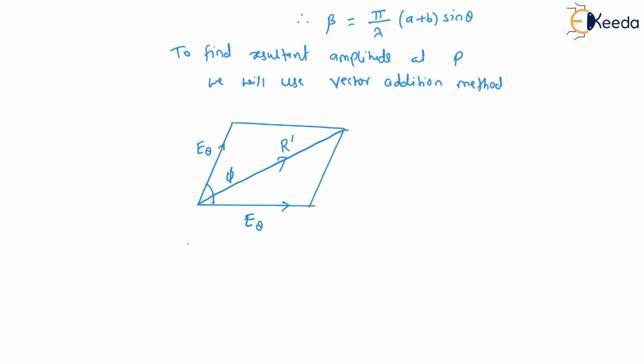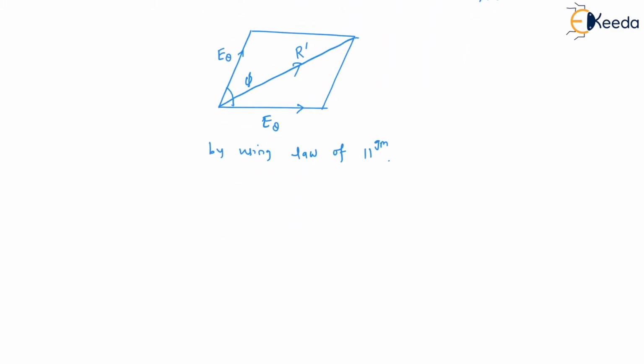So by using the law of parallelogram, we can write, as you have learned, R equals under root P square plus Q square plus 2PQ cos theta. We will use the same formula here.